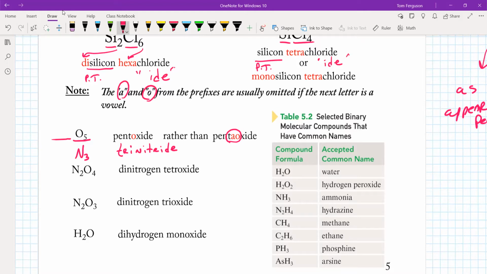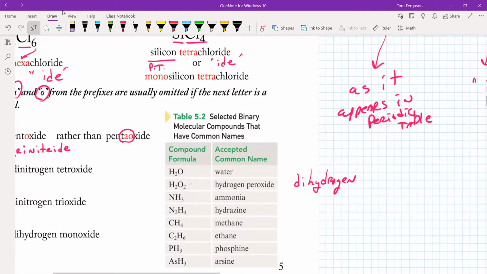So let's name all these. We've already named water. This is going to be dihydrogen dioxide. So this is the IUPAC name.